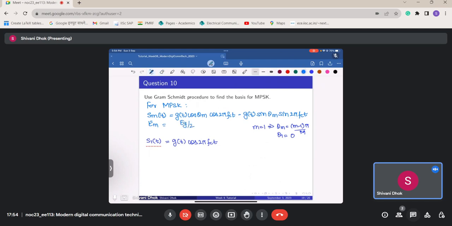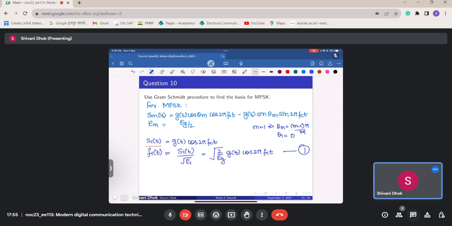This we have already seen in the lectures. So the first basis vector f_1(t) will be equal to s_1(t) upon sqrt(E_1), and this comes out to be sqrt(2/E_g) g(t) cos 2πf_ct. This is the first basis vector.